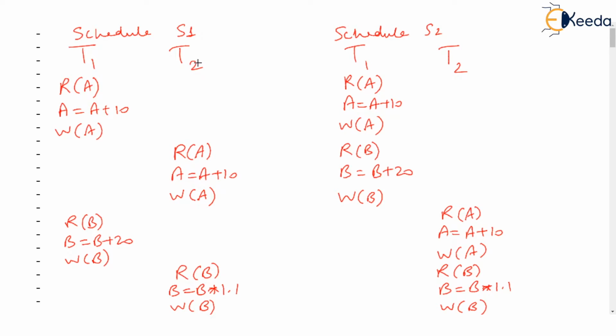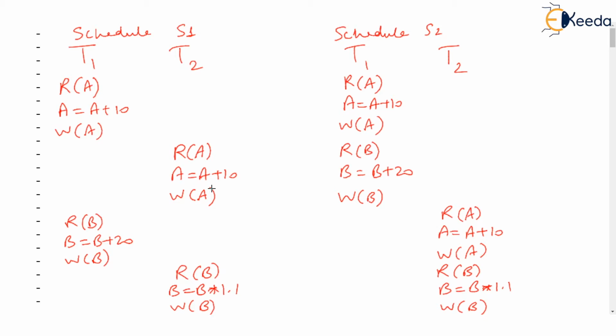These two schedules are just a different arrangement of the same statements. For example, there is read A, A is A plus 10, write A. Then read B, B is B plus 20, write B.